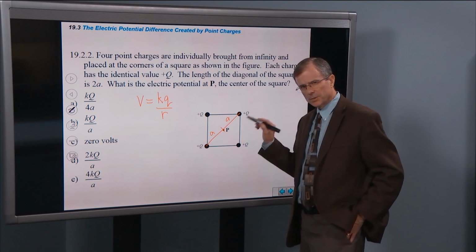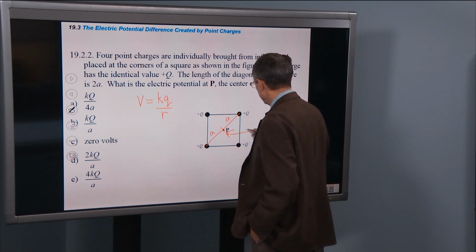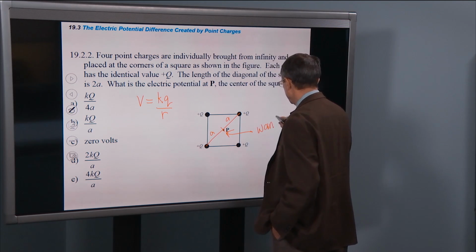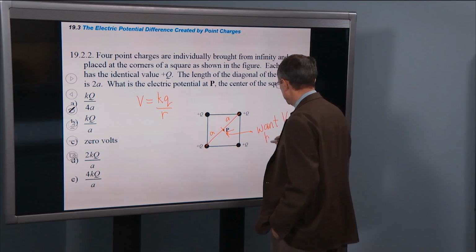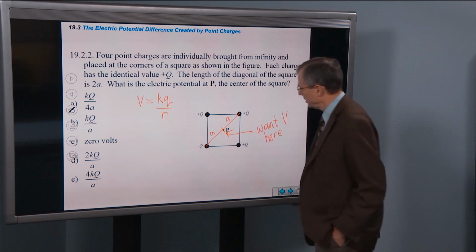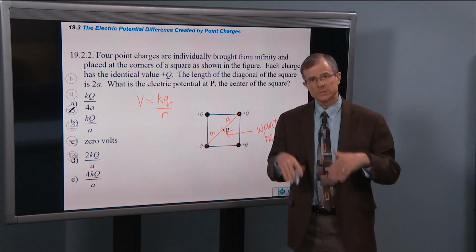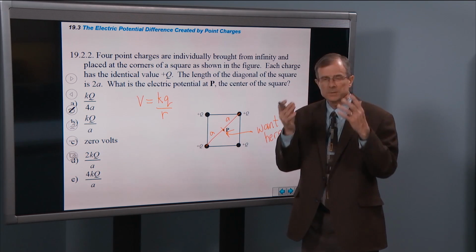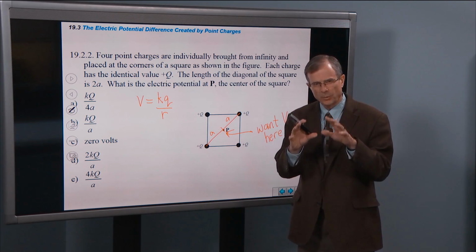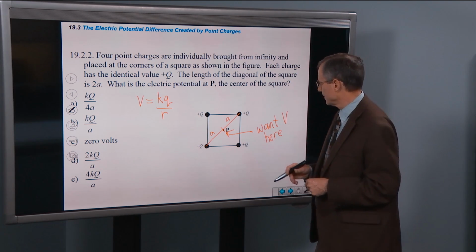So we're interested in the potential at this point P. I want the electric potential here. And I encourage you, when you're thinking through these problems, to do exactly what I've done right here, just so you don't get confused, you know what you're looking for, and where it is that you want the electric potential.